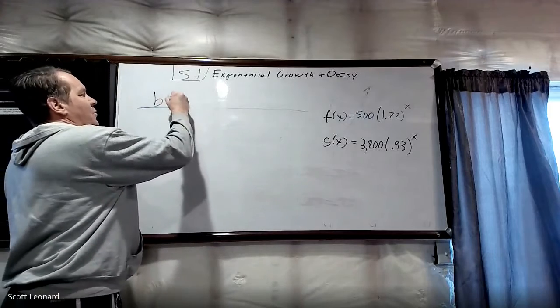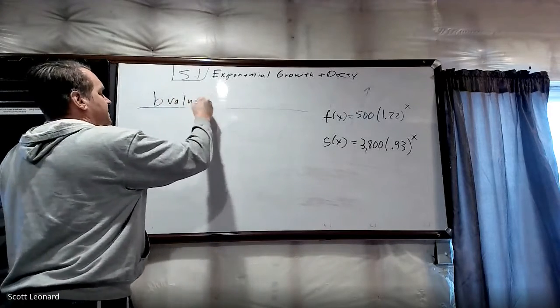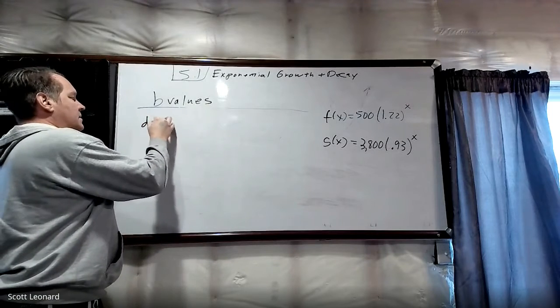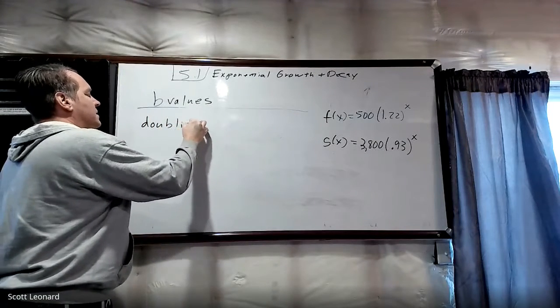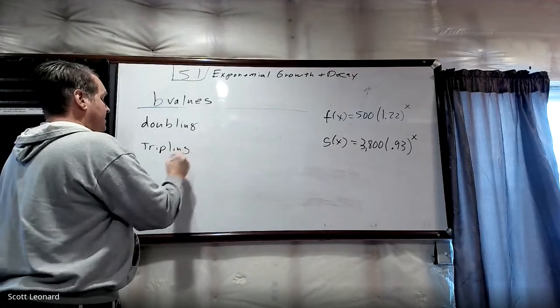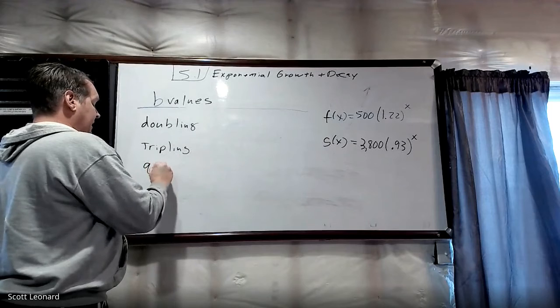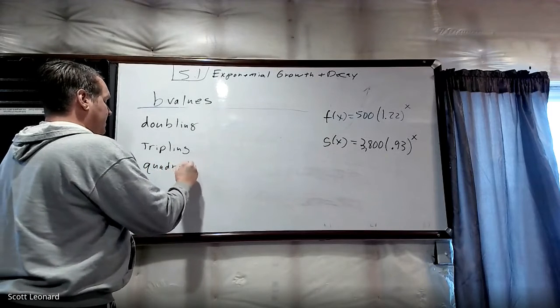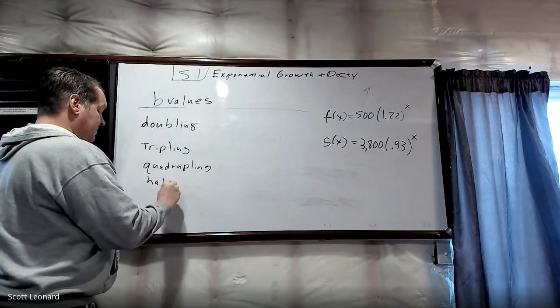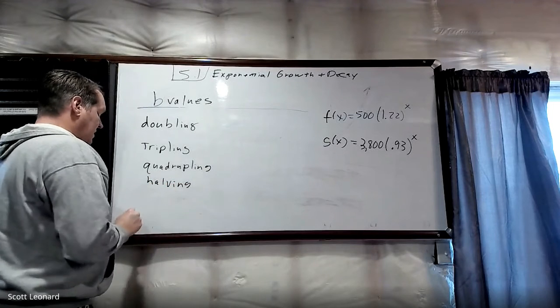B values where they don't use a percentage. So they're going to use words like doubling, tripling, quadrupling, halving.